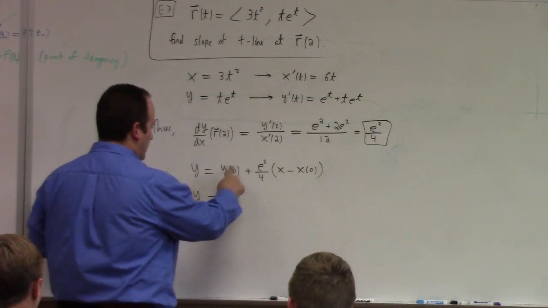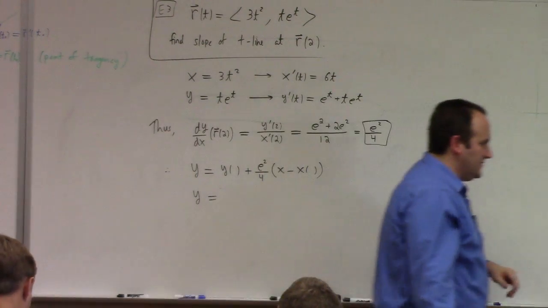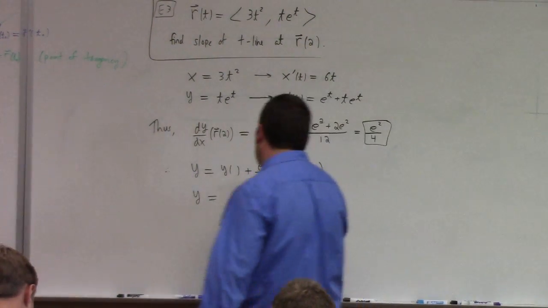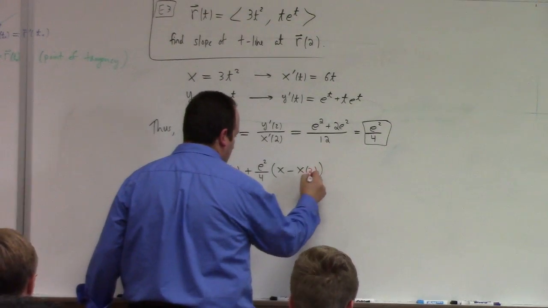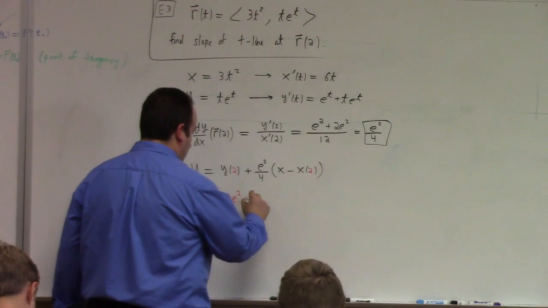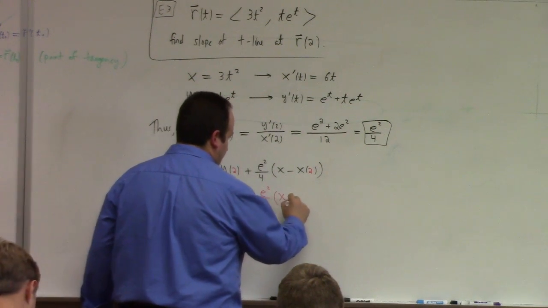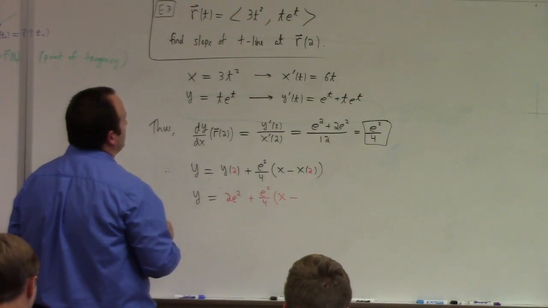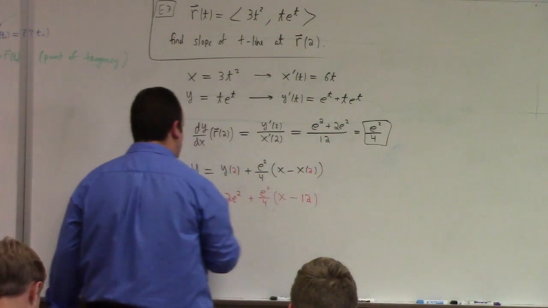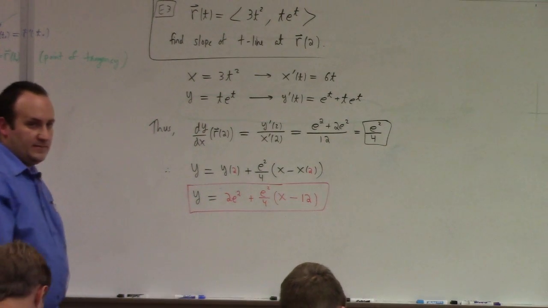What should I be putting there? 2. Yes, thank you. So y of 2 would be 2 e to the 2, and then the slope e squared over 4, and then x minus x of 2, and x of 2 is 12, right? So there you go. Here's the equation of the tangent line.